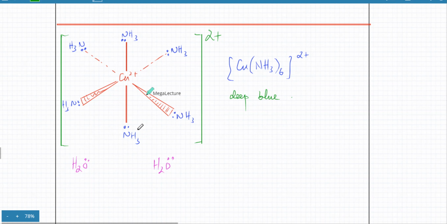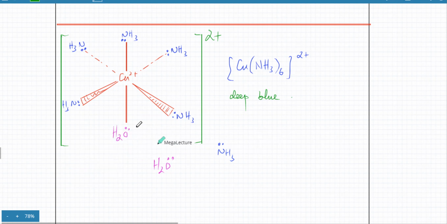Non-metals, what happens in their case? The electrons are permanently gained by non-metals. Over here, this ion is going to be weakly attracting these electrons, not very strongly. So this bond can break away, and the NH3 can drift off. And in its place, water molecules can come in.